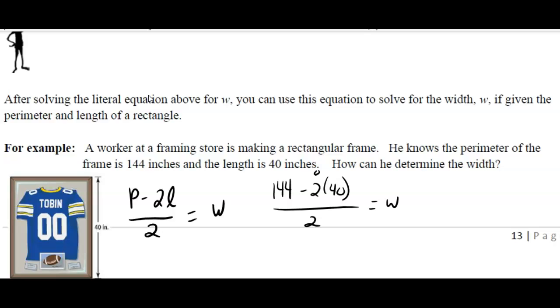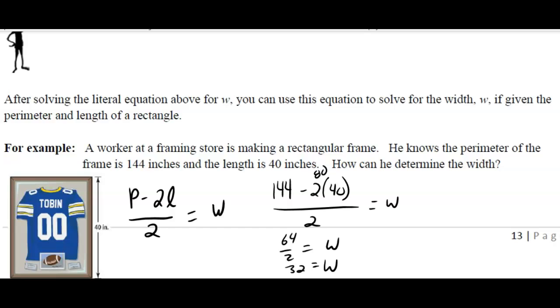So this becomes 80. And that's going to leave me with 64 up top. So I have 64 divided by 2 equals my width.